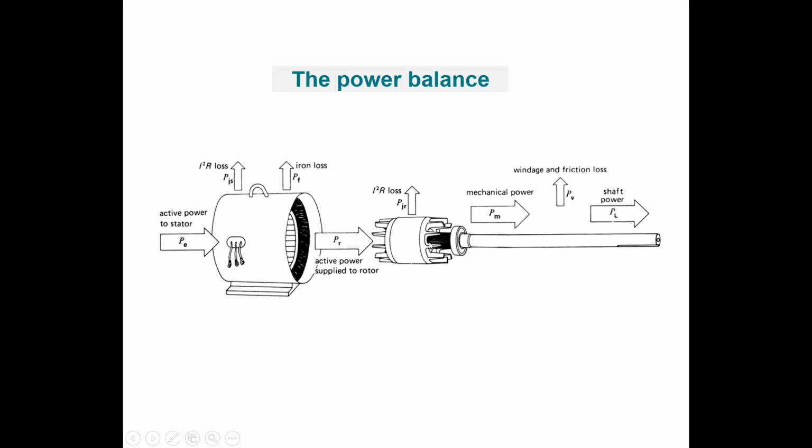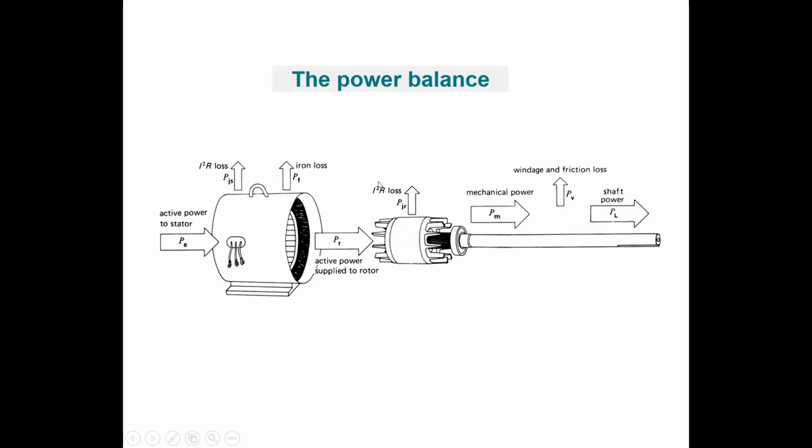There is always slip in an asynchronous motor, because when the rotor has the same speed as the rotating field in the stator, the rotor does not experience a changing magnetic field, so no voltage is induced in the rotor, no currents flow, no Lorentz forces are generated, and so no torque is generated. So there is always slip, and there are losses in the rotor due to that slip.